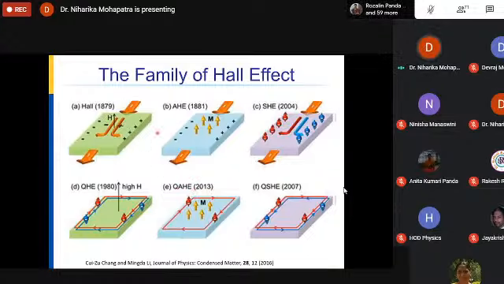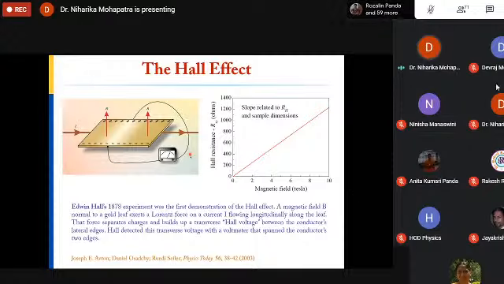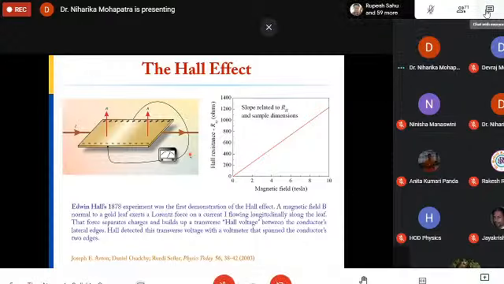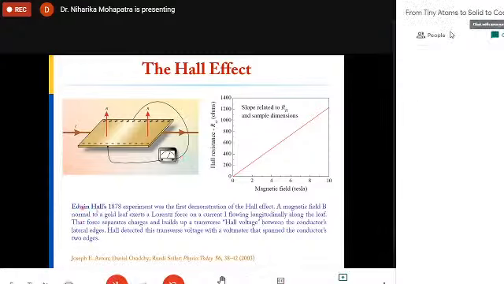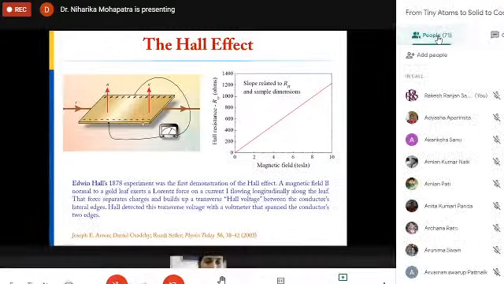So we'll start with the simple Hall effect, which you generally perform in your solid state physics laboratory. This was first demonstrated by Edwin Hall in 1878 in a gold foil. Basically, he took a two-dimensional metal sheet.